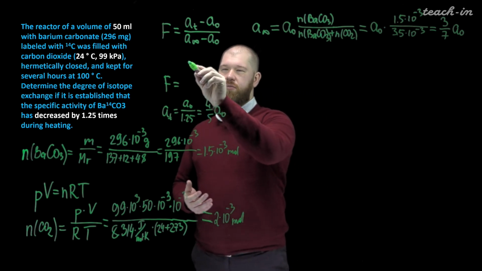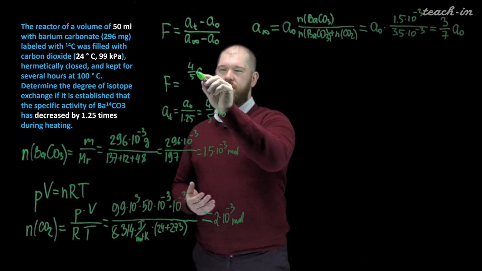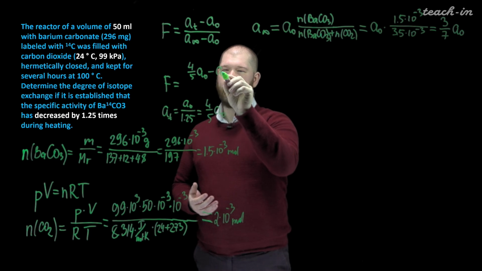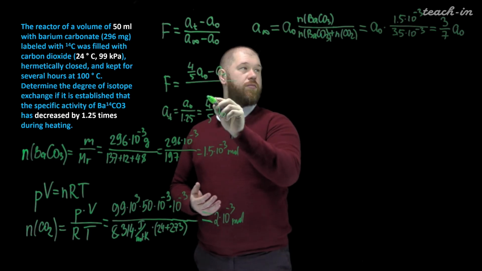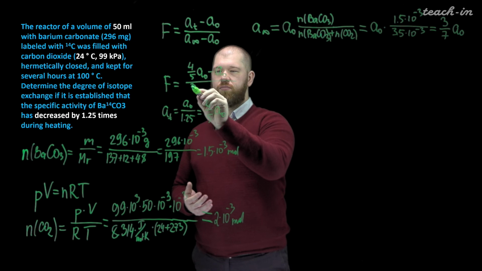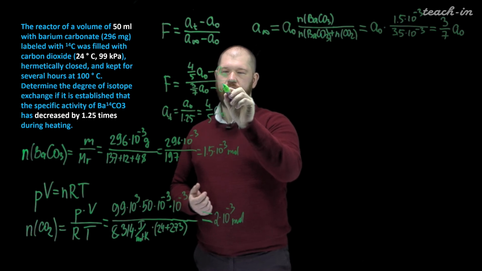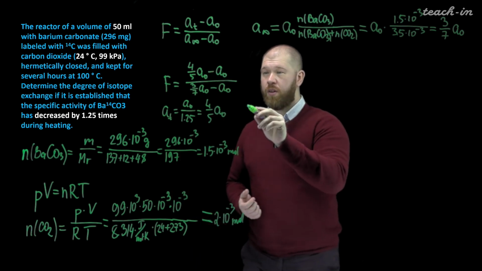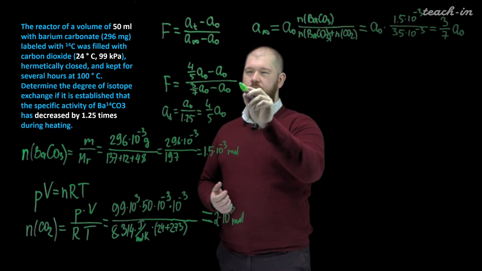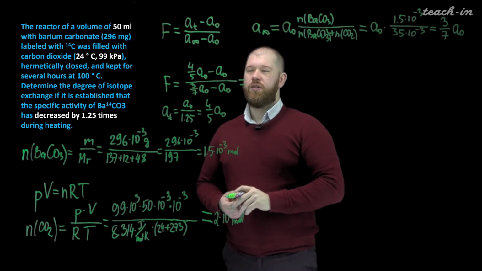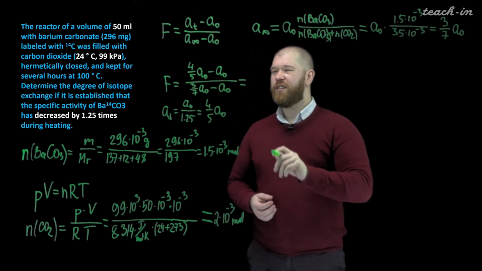And let's put all these numbers in our equation. So of course all this A0 will be cancelled out.